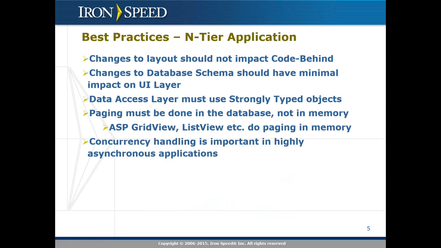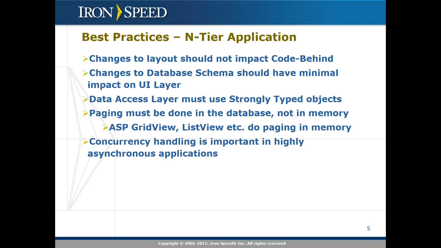Best practice, of course, is that anytime you make changes to the UI layout area, it shouldn't impact anything in the code behind. And the second item, that changes to the database should have minimal impact on the UI layer. That's fundamentally correct. In other words, I should be able to apply some validations and things like that, setting variables and so on and so forth at the database schema level without having it dramatically affect the UI layer.